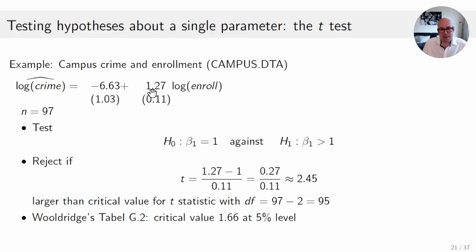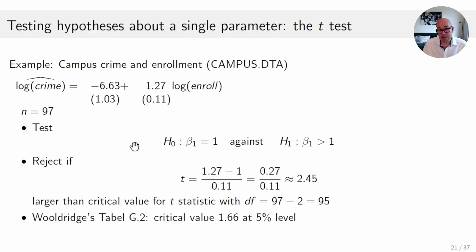What that means is that when enrollment increases by 1%, then crime will increase by 1.27%. And now we might be interested in testing whether that 1.27 is actually significantly different from 1. Okay, so the effect of enrollment in terms of this elasticity is significantly different from 1.